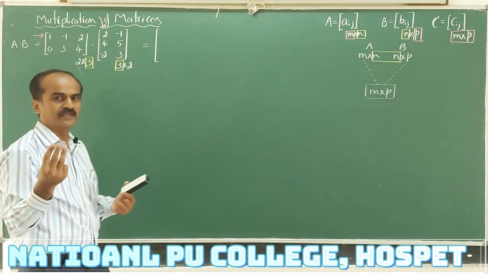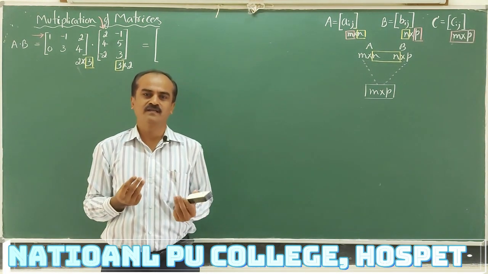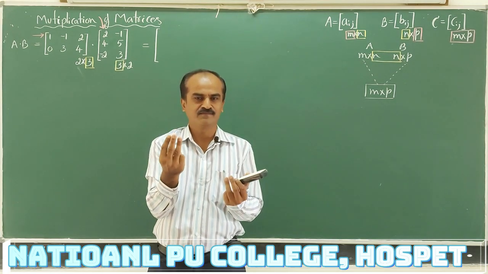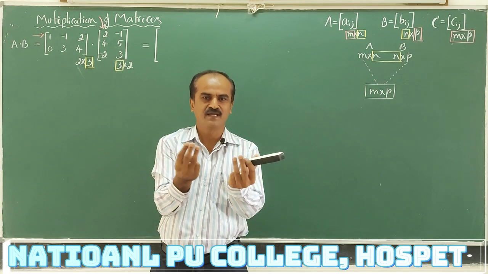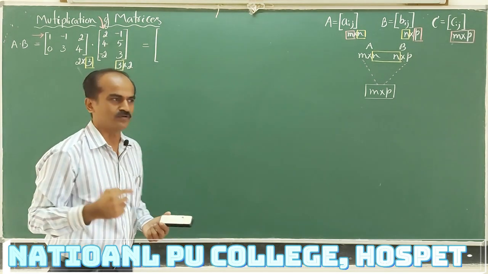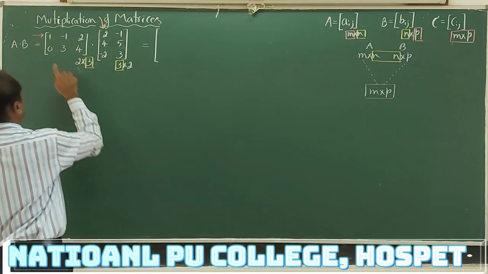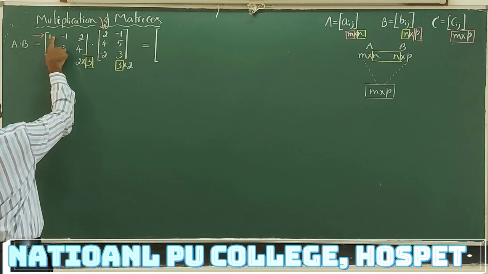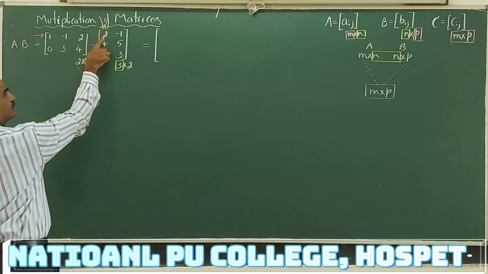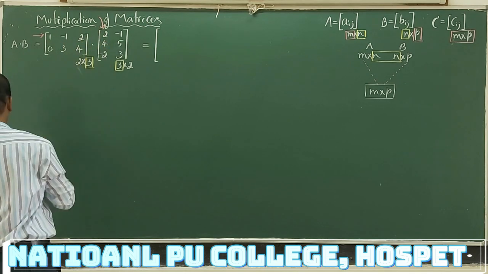Now we have to make pairs of numbers. Here 3 elements, another set of 3 elements. I have to make pairs. How to make pairs? Observe here. 1, the first element in the first row, and 2, the first element in the first column. I have to make these two as one pair.